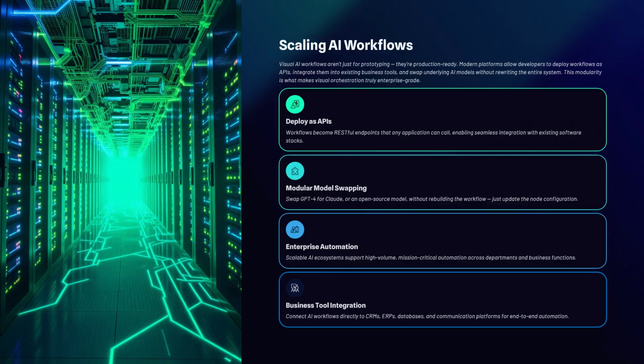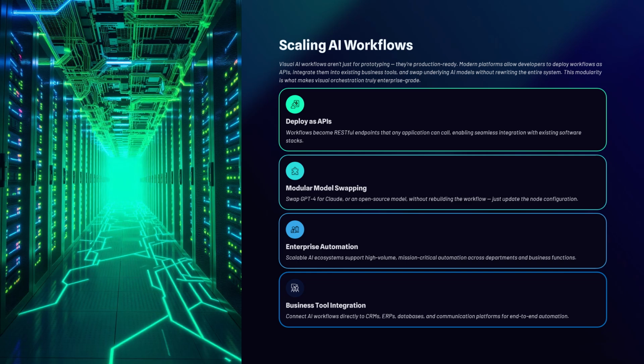Many people think visual AI workflows are only useful for experimentation, but modern AI orchestration platforms are actually built for large scale production environments. Think of these workflows like modular digital factories that can power real business operations. Developers can deploy workflows as APIs, allowing other applications and software systems to use them instantly.